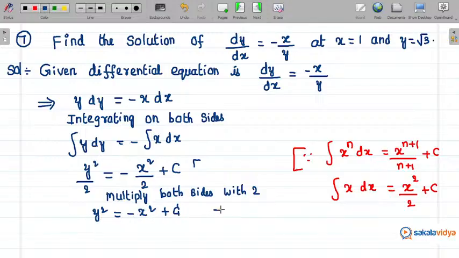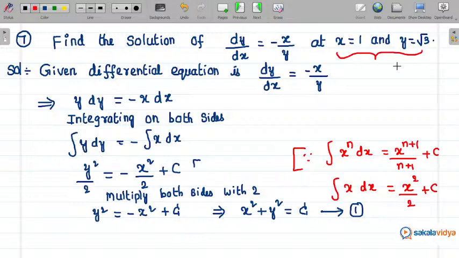Bring minus x square that side, you get x square plus y square is equal to c. But this is the general solution, but we need to find out the particular solution at the given particular values, x is equal to 1 and y is equal to root 3.